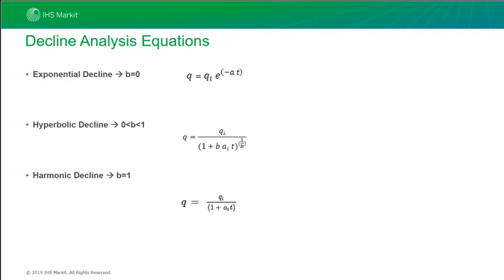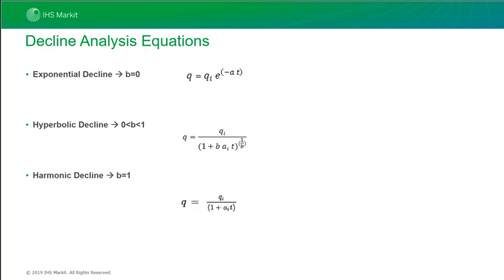So the behaviour of the production data can be characterised based on the way in which the nominal decline rate varies with rate, based on the value of the decline exponent constant b. With exponential decline, this will result in a straight line on a plot of flow rate versus Q production, and the b value is equal to 0.